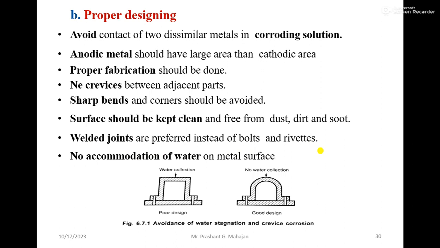So there will be formation of a galvanic cell, and if it is in contact with the electrolyte, there will be corrosion. Next is no accommodation of water on metal surface. So there should not be any accommodation of water, as it will provide the conducting medium for corrosion. So this is material selection and proper designing.